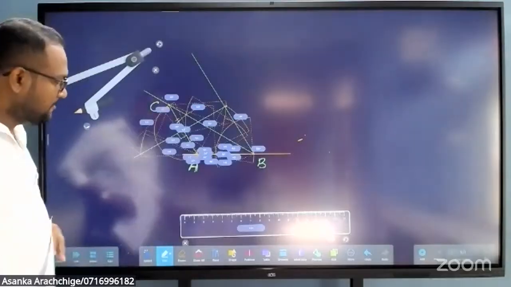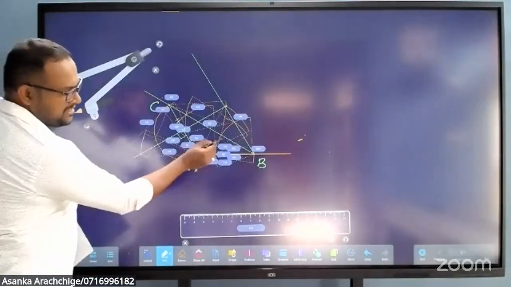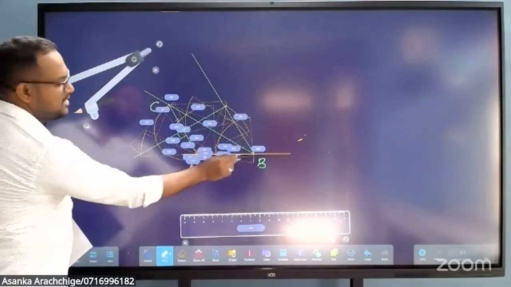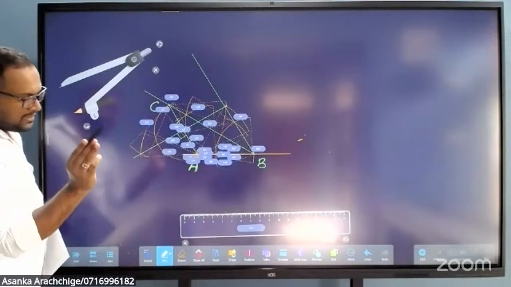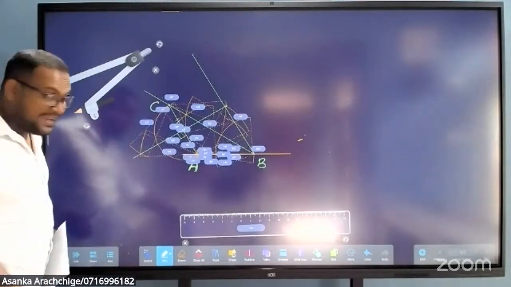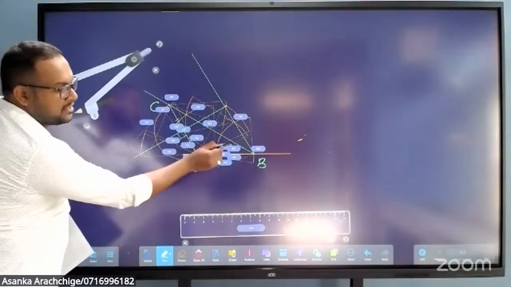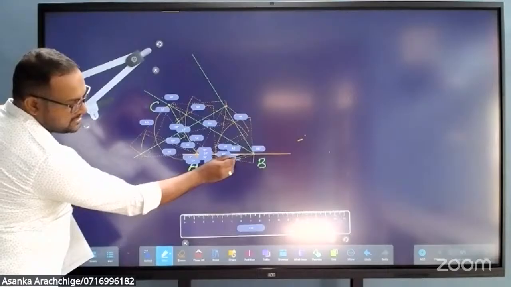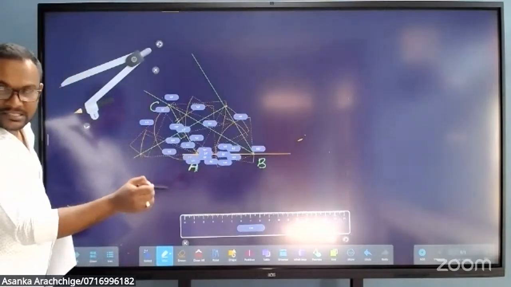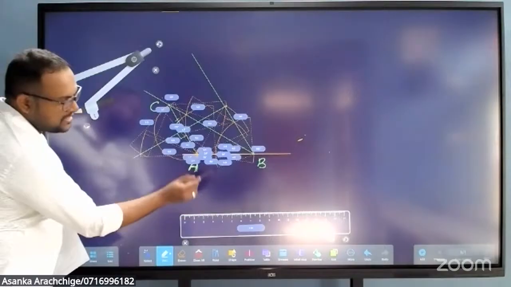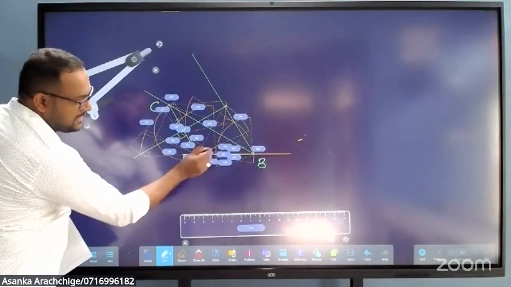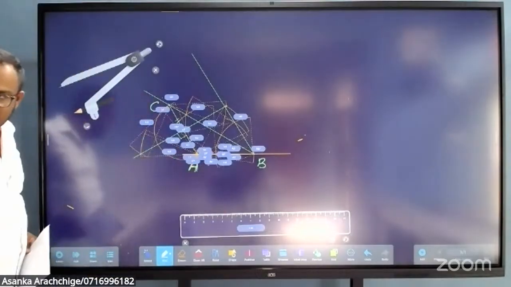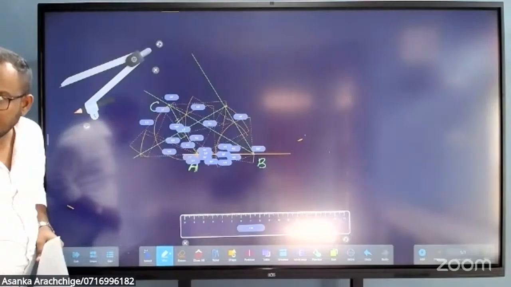Look. If we take this angle ABC, you know this angle is 30 degrees. So we can copy an angle equal to ABC at A on this side, taking AB as an arm, such that this angle and this angle are a pair of alternate angles. Then the lines must be parallel.